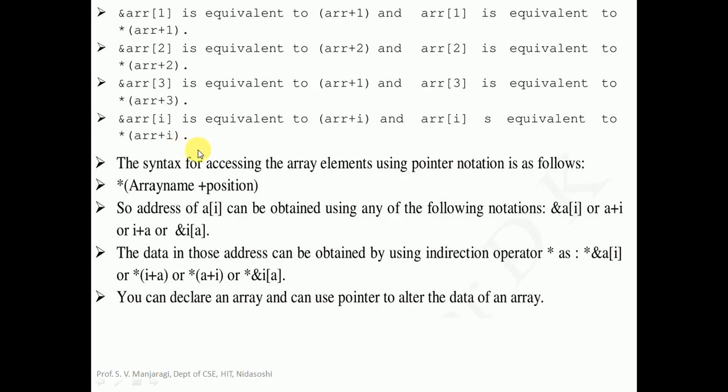It means the syntax for accessing array elements using a pointer is star, array name plus position or index, star array name plus position. It is not index, it is basically position.